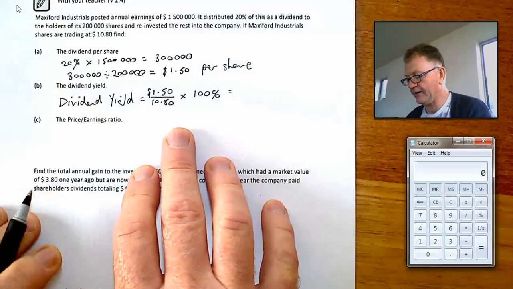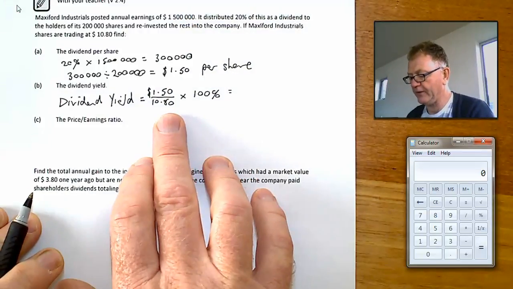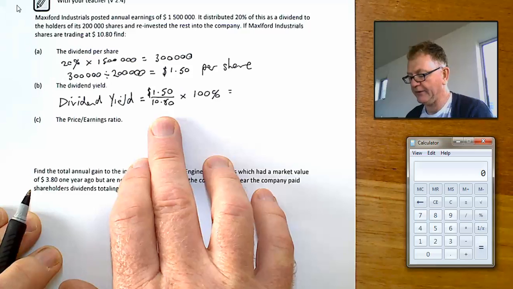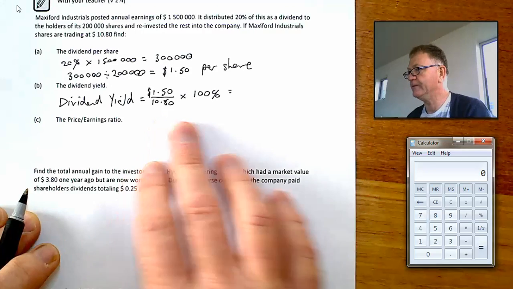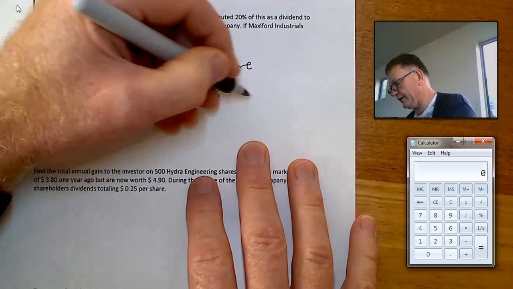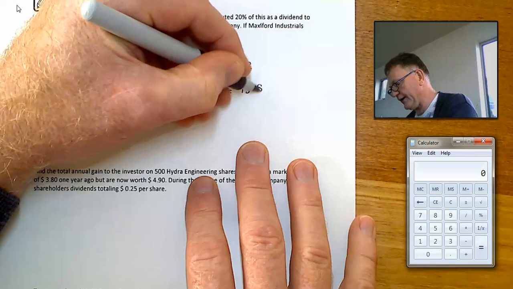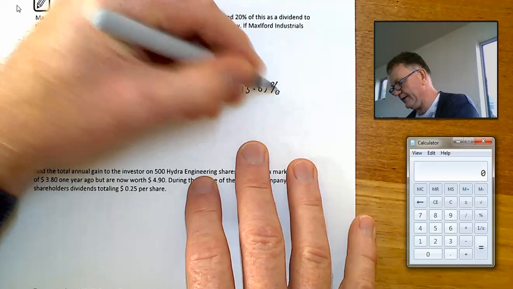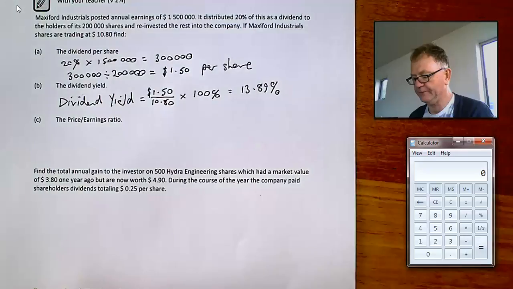On your calculator, 1.50 divided by 10.80 times 100, and you should get 13.89%. That is the dividend yield. Now the price earnings ratio.